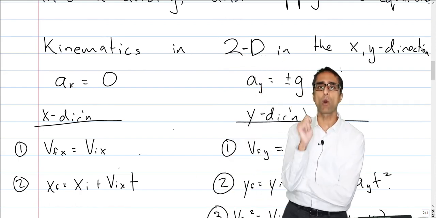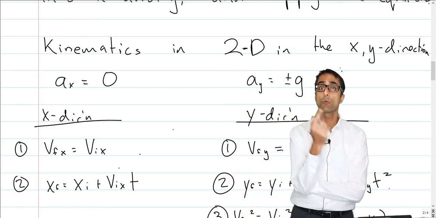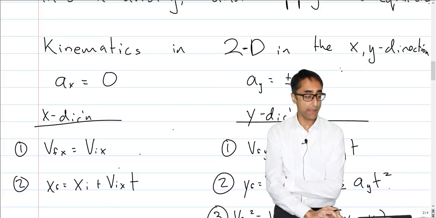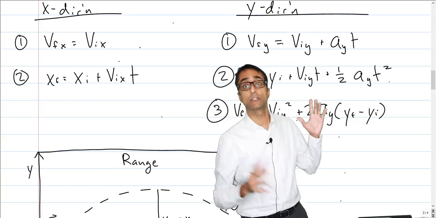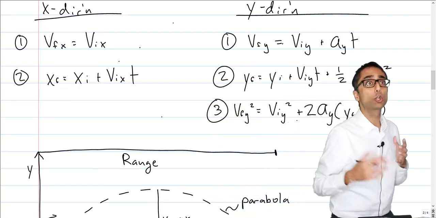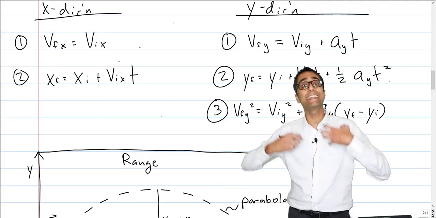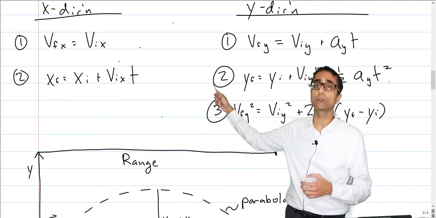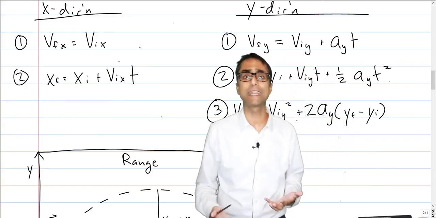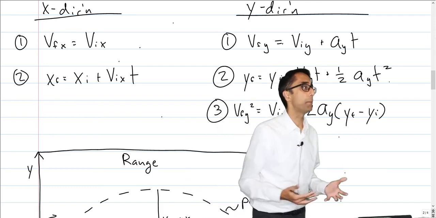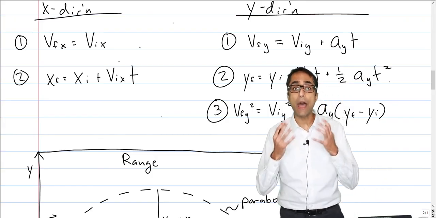But we're lucky because one of the things that we don't know about is t, the time. Remember that time is shared by both the x direction and the y direction. And so what that means is, I could ask myself, could I find time in the y direction and then use it in equation 2 in the x direction to get my x final? And the answer is yes. And the answer is always yes. What we find in these projectile motion equations is very, very often it's time that we have to find first.